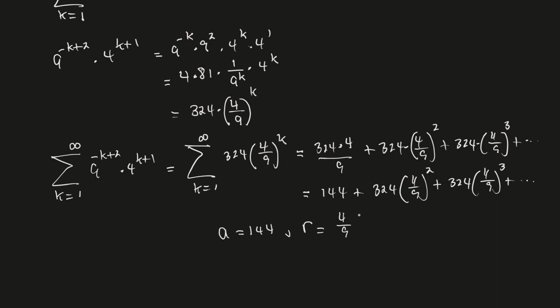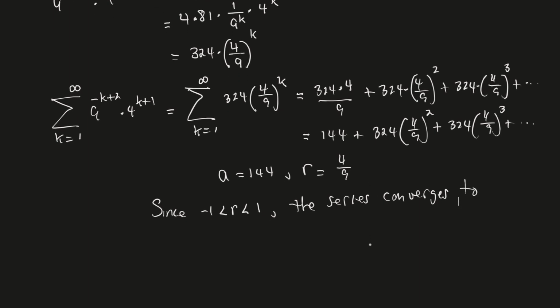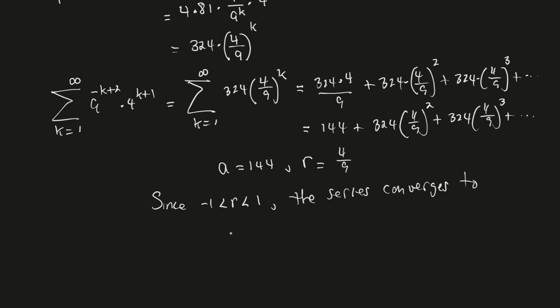And because my R is a proper fraction, since R is between plus or minus 1, the series converges to, and then I can use my nice formula, A over 1 minus R. So our A over 1 minus R is 144 over 1 minus 4/9.